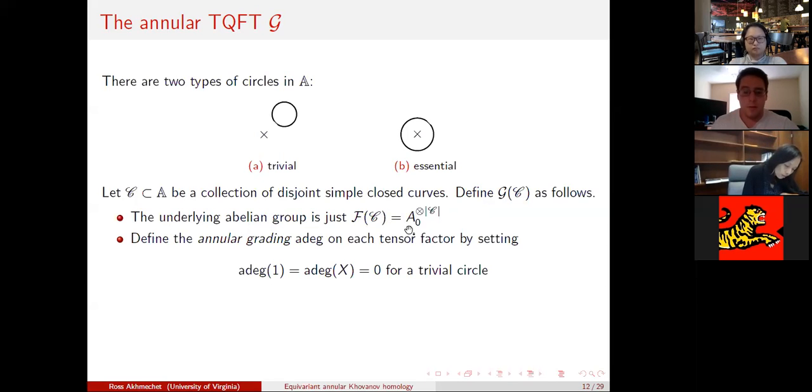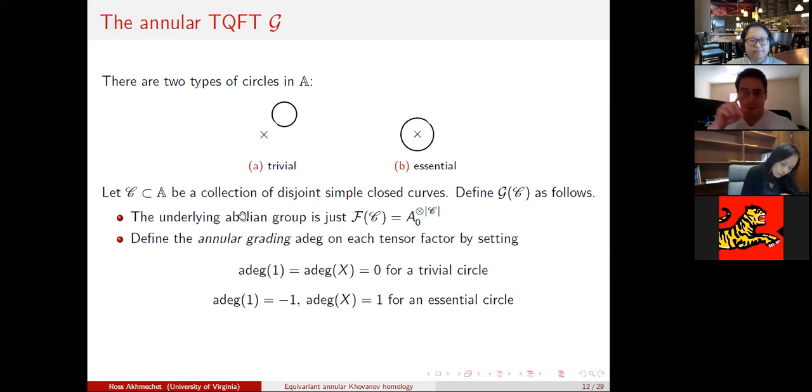Okay, so that's G of C as an abelian group, and it has the quantum grading that's inherited from A_0. And I'm going to define the annular grading, and here's how it works. You look at each tensor factor, and if your tensor factor corresponds to a trivial circle, you set the whole thing to be in annular degree 0. All the elements, so that factor is concentrated in annular degree 0 for trivial circles, which maybe makes sense.